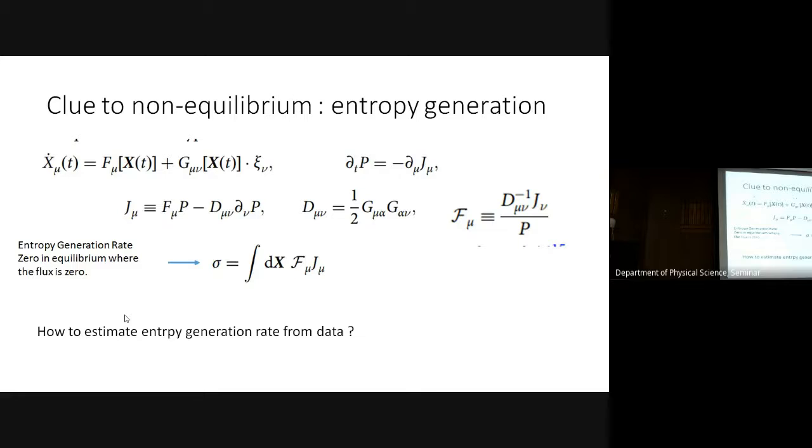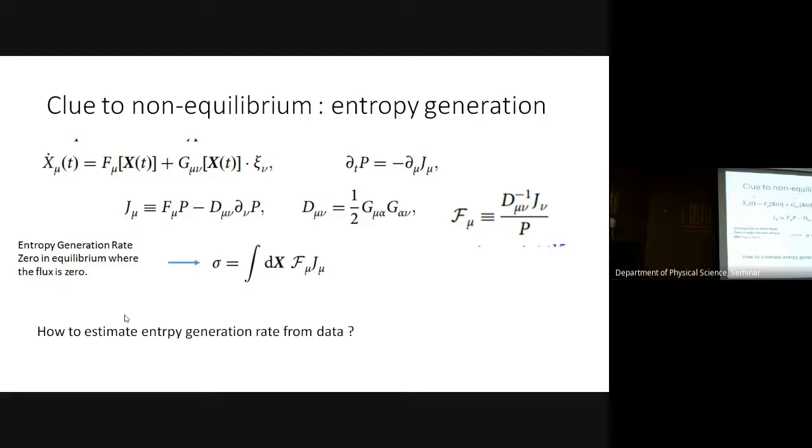You say there is a rate of change of probability, and on the right hand side, there is the divergence of some flux. Okay. So this is the probability flux, which you can write in this manner. The first term is typically called drift, and the second term is called diffusion. The diffusion is kind of the product of G averaged over. There are various details, but what you can do from this is calculate the entropy generation rate.